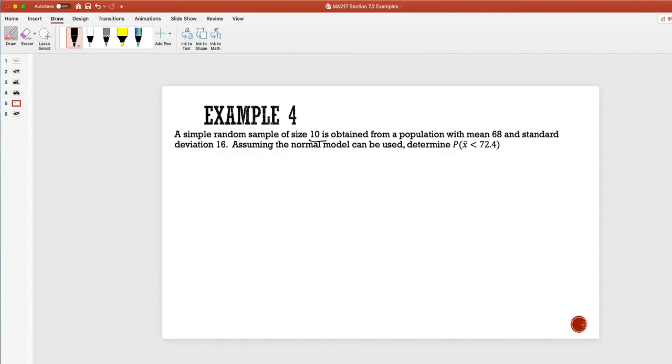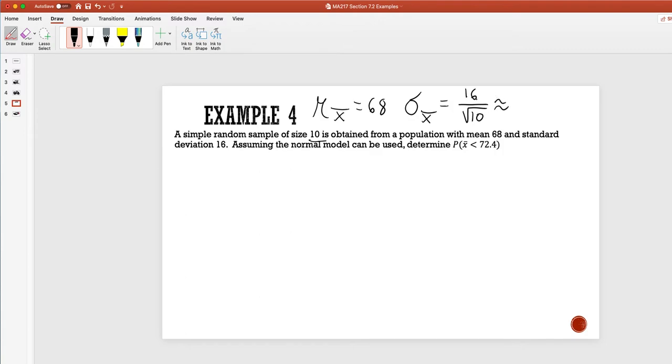But since we're assuming the normal model could be used, the mean of the sampling distribution is going to be 68, and the standard deviation of the sampling distribution is going to be equal to 16 divided by the square root of 10.